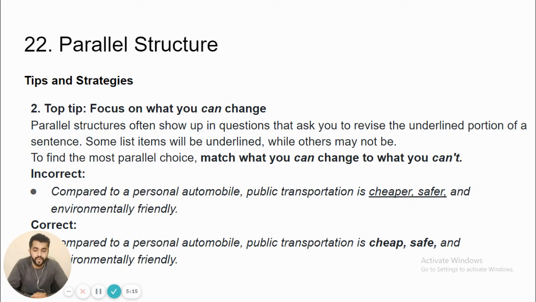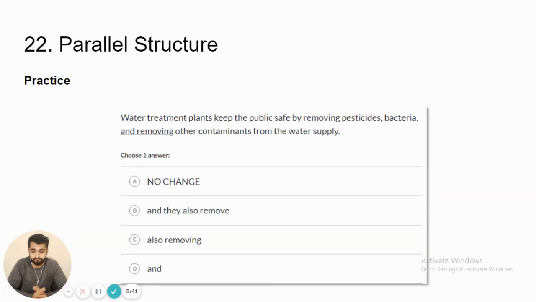Environmentally friendly is not underlined, which tells me that it is the correct one. So the underlined words cheaper and safer should match with the non-underlined words in the list. So the correct form is "Compared to a personal automobile, public transportation is cheap, safe, and environmentally friendly."